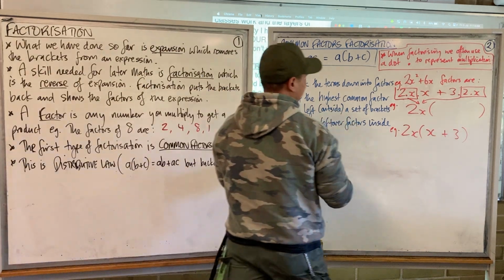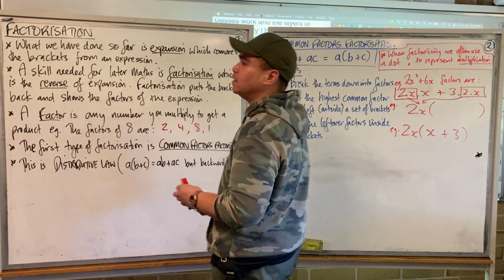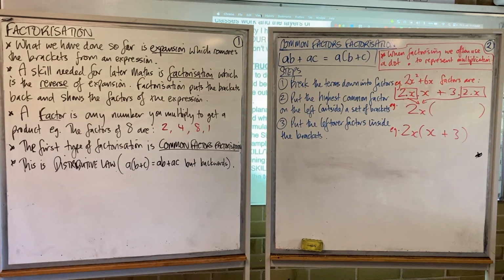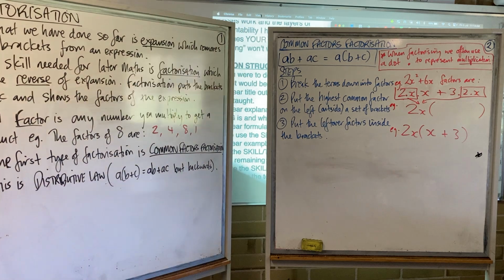Please, make sure you get those 3 steps down. Those are probably what you would need on your cheat sheet if you bother to write one. Let's do some harder examples.